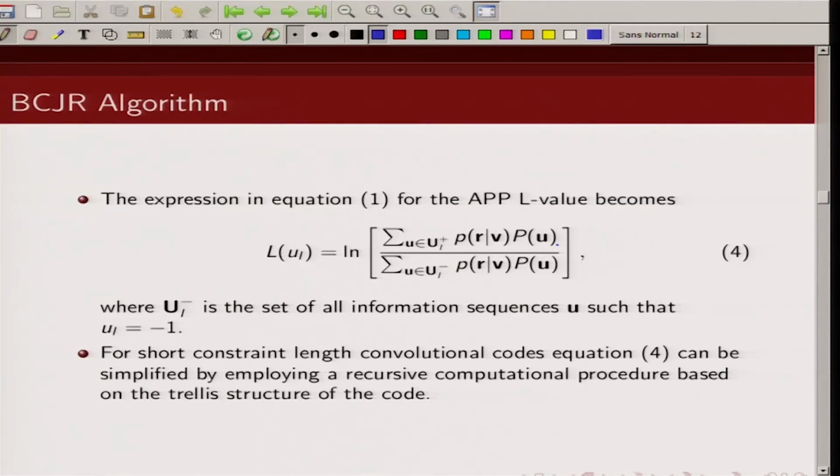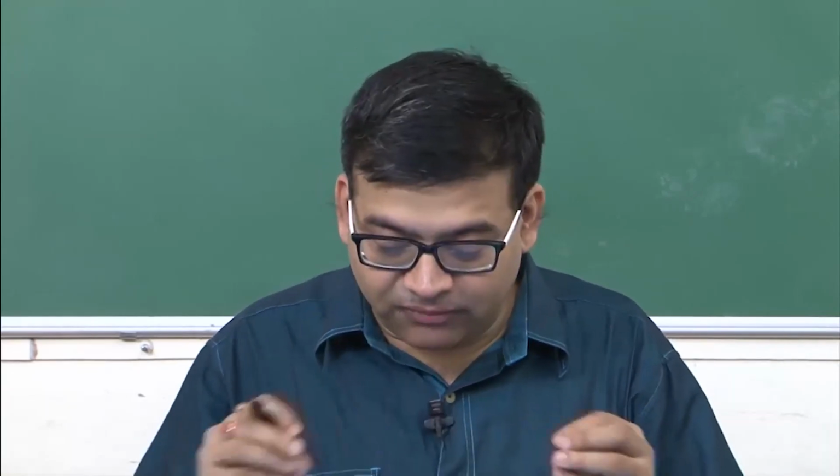The answer to this is yes. So, we are going to simplify equation 4 by using the trellis structure of the convolutional code. We know all possible transitions are not possible, so our trellis diagram or state diagram will tell us what the valid transitions are.